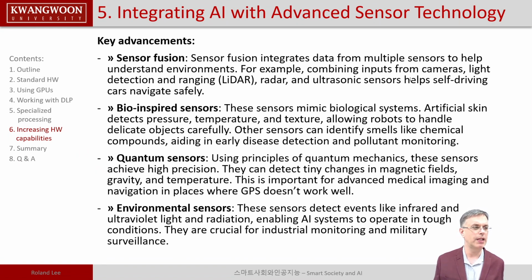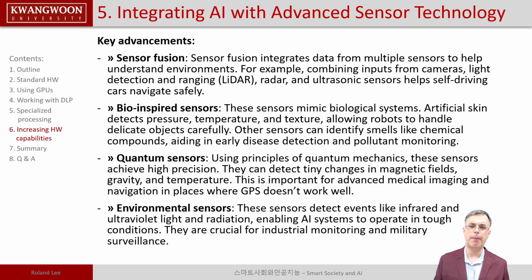For example, combining inputs from cameras, light detection and ranging, so LiDAR, radar, and ultrasonic sensors helps self-driving cars navigate safely. Bio-inspired sensors are the next key advancement.